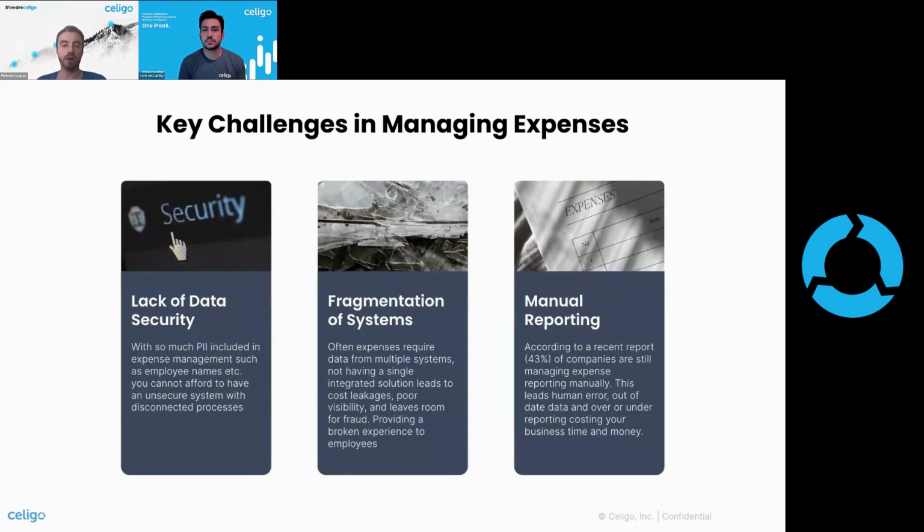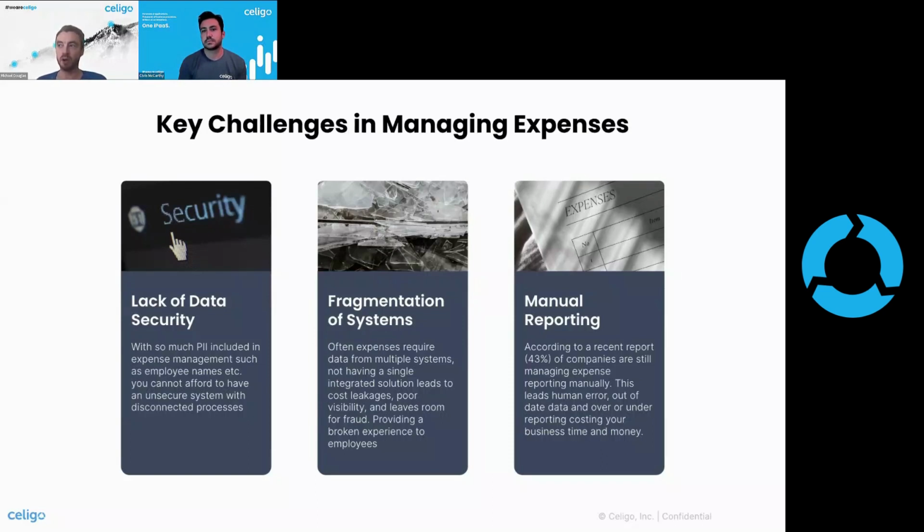Those things are difficult to manage because they're very macro. But the other things that organizations can control are the lack of data security, right? With so much PII included within expense management, such as employee names, et cetera, you can't really afford to have an unsecure system with disconnected processes as it relates to expense management.